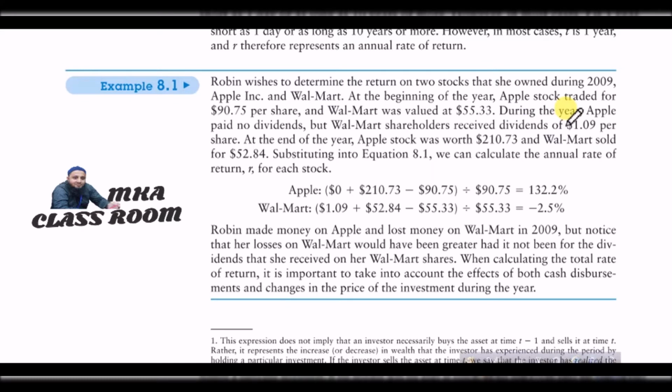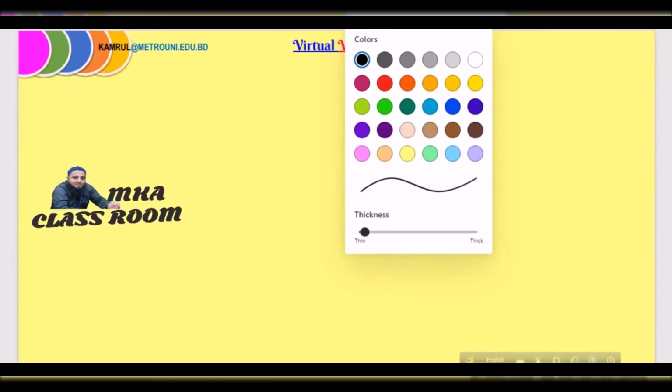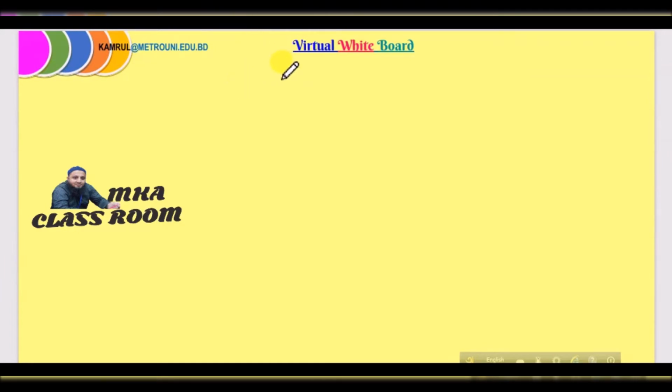So here, year is our 2009. One has Walmart, another has Apple Incorporation.